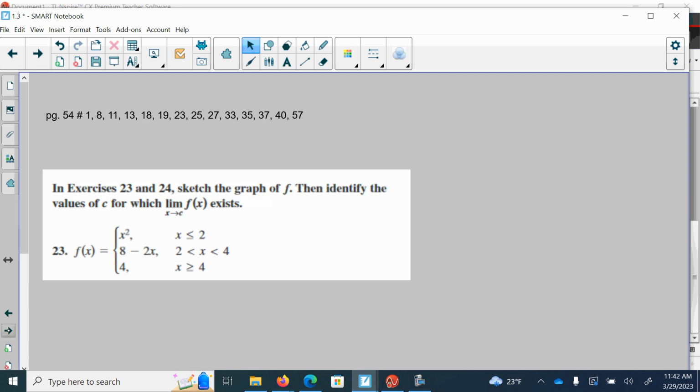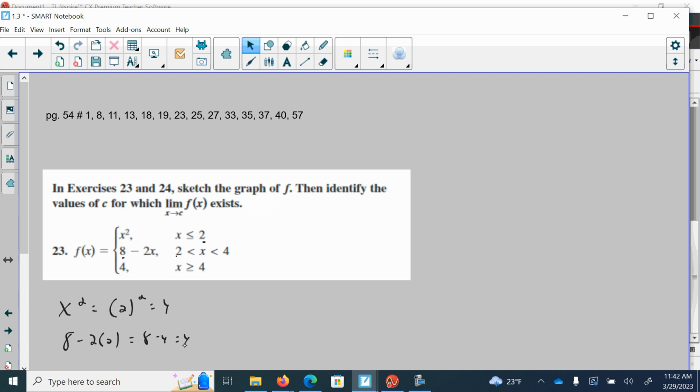So it's going to be a continuous function, and then I'm going to hit 2. And when I hit 2, I have a change in how my graph goes. So what I'm going to do is take x squared and put 2 in there, so 2 squared, and I get a value of 4. Then I go down here to this part where I started at 2, and I'm going to have 8 minus 2 times 2. So I'm going to have 8 minus 4, and I also get 4.